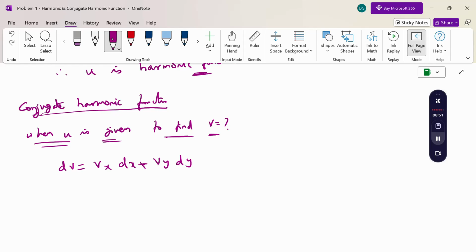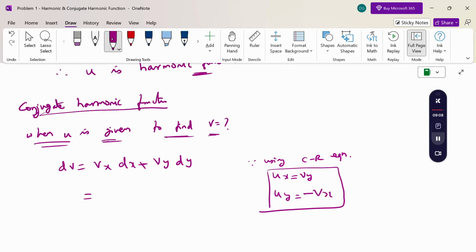This is a direct derivative. But the problem is that u is given. Using the CR equations, ux equals vy, uy equals minus vx. This concept is applied here. Therefore, vx equals minus uy, and dv equals minus uy dx plus ux dy.